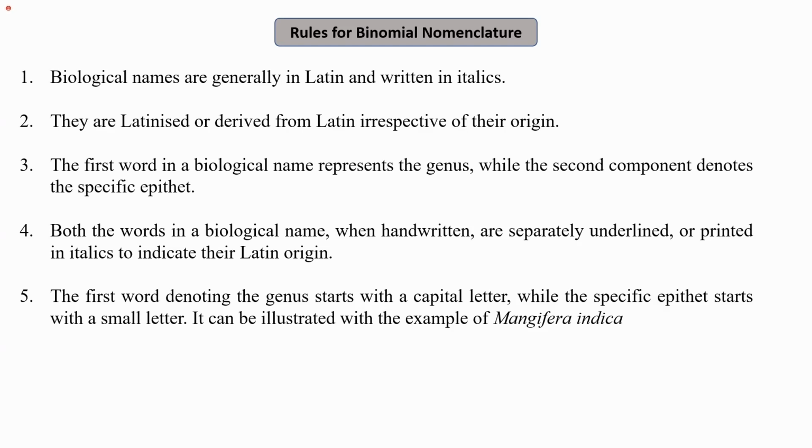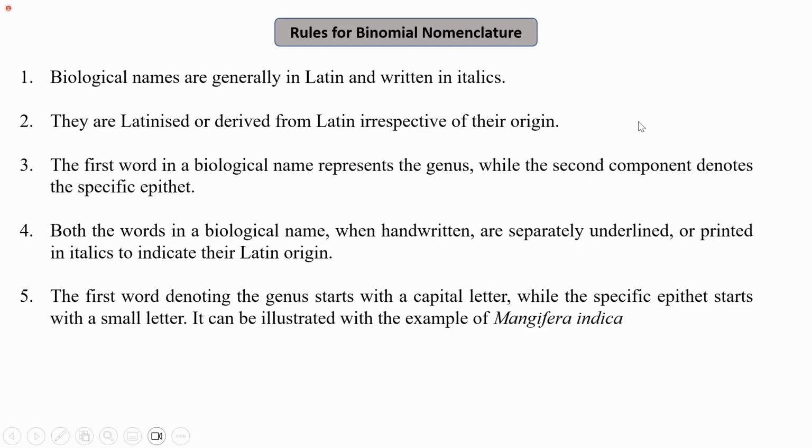Mangifera should be underlined separately, indica should be underlined separately, and it should always be underlined if I am writing a scientific name. And if I am using a computer or if I'm printing some scientific name, it should be in italics to indicate their Latin origin. So it should always be underlined and it should always be italicized, whatever the situation permits.